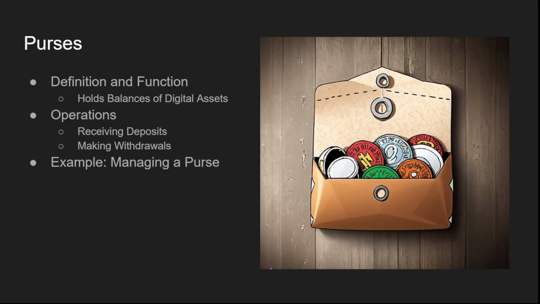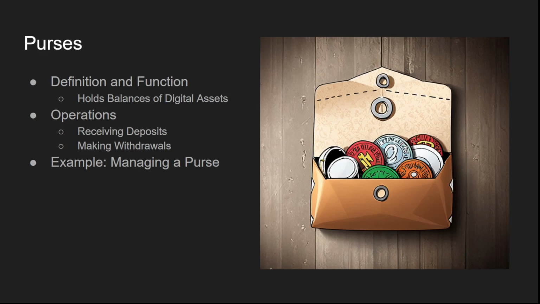Let's explore the concept of purses in the Agoric ecosystem. Purses are essential for holding and managing balances of digital assets created by mints. A purse is an object that holds a balance of digital assets.